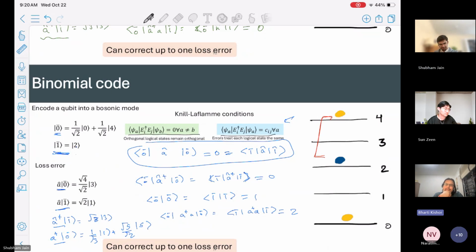Then I was wondering if people have thought of understanding these via chain complex language, and then maybe you take a hypergraph product of two such binomial codes, and that will give you a bosonic version of a toric code.